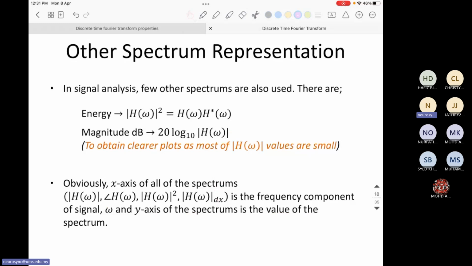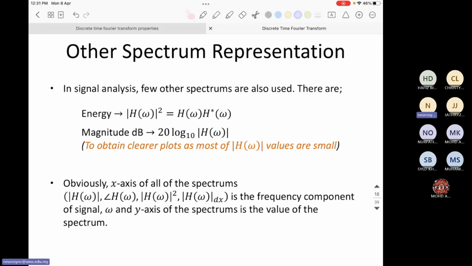Now, other spectrum representation: if you want to find the magnitude in dB, you can apply this formula. 20 log to the base 10 of the magnitude of H of omega.